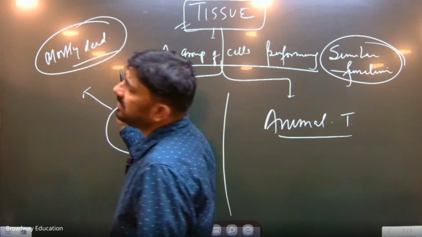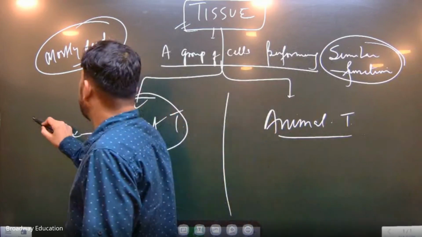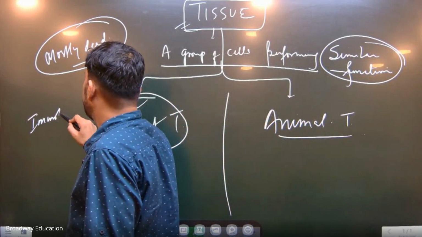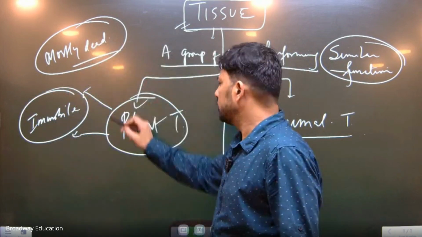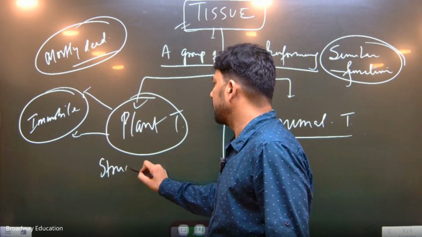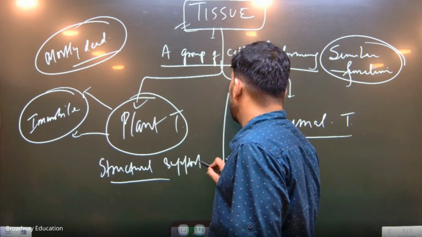And why are they dead? Because the plants are static or immobile. So the major function of these tissues is to provide structural support as well as protection.